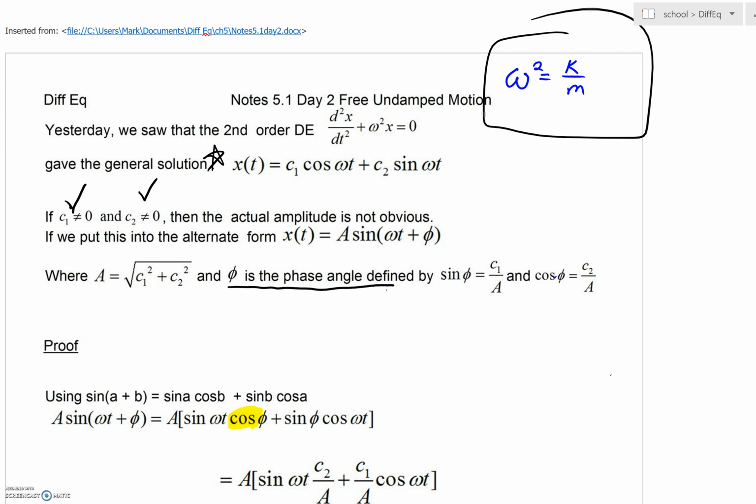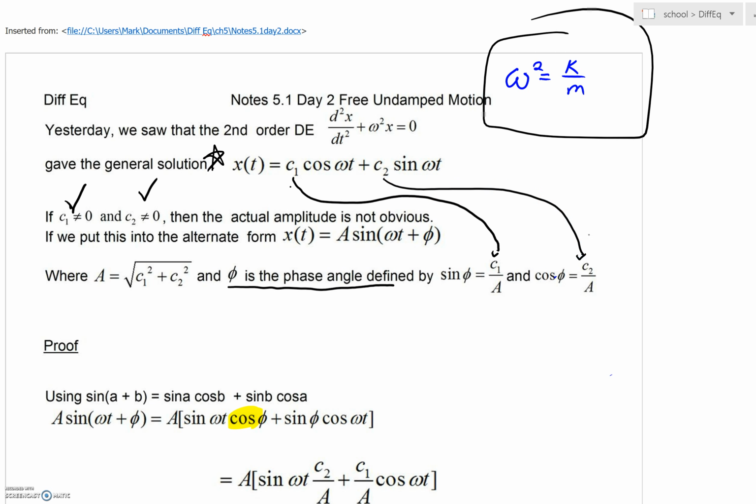And what we're going to see is that A is actually the square root of c1 squared plus c2 squared. Also, in regards to phi, we'd say that the sine of phi would be c1, this constant in front of the cosine of omega t, all over A, and cosine of phi would be c2, this constant, all over A.